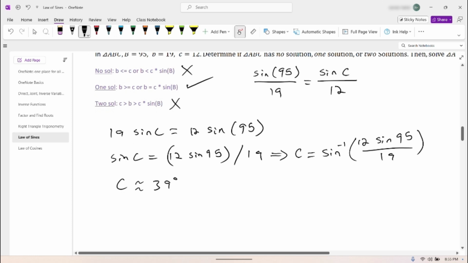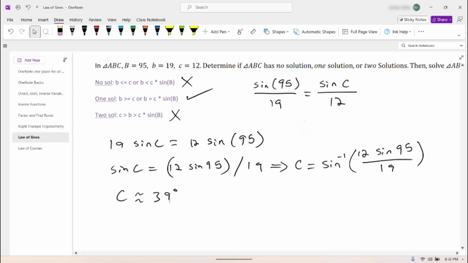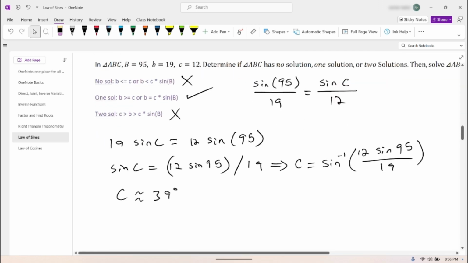We can solve for A, and then we can solve for the sides. Well, actually, let's just solve for side. Well, we know side C, so we don't have to. We can now go to angle A and side A. So the measure of angle A equals 180 minus B, which we said is 95, plus 39.